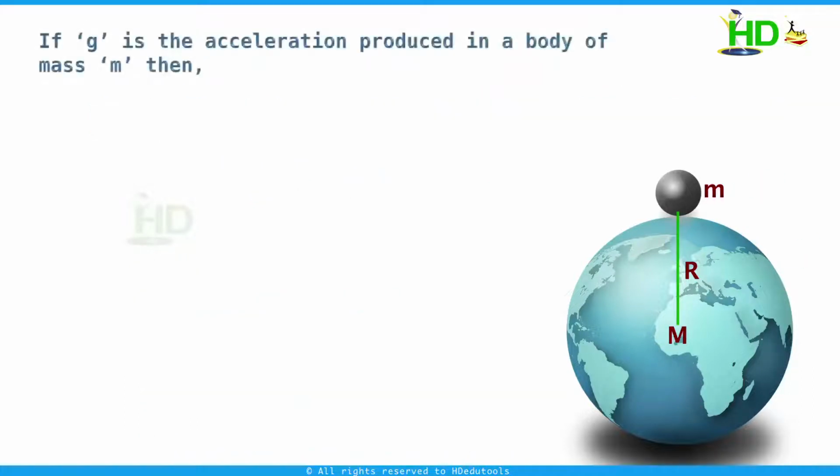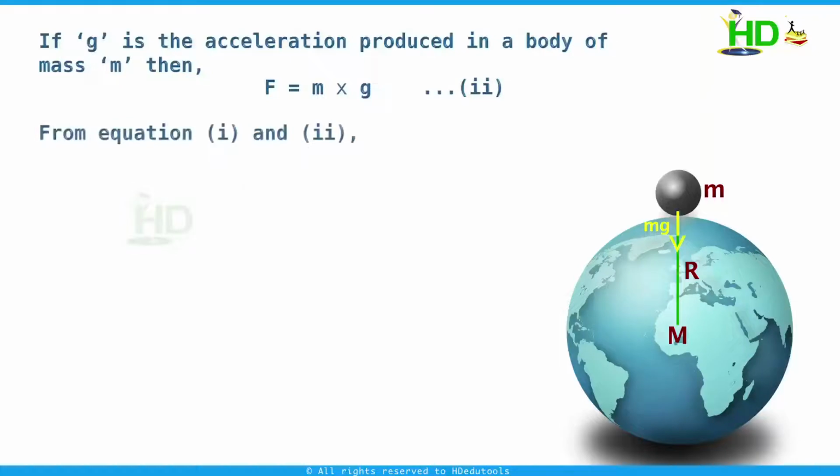If small g is the acceleration due to gravity, the weight of the object is given by F equals mg. This is acting vertically down. This is the gravitational force due to the earth on the object, and this is nothing but the gravitational force acting between the two objects.